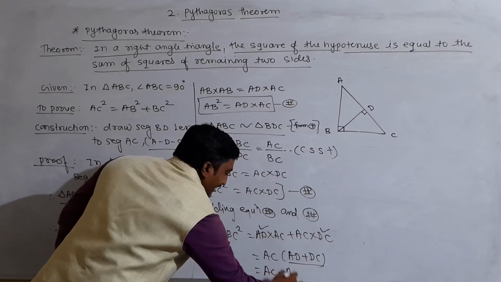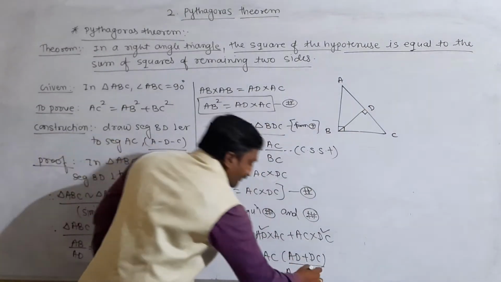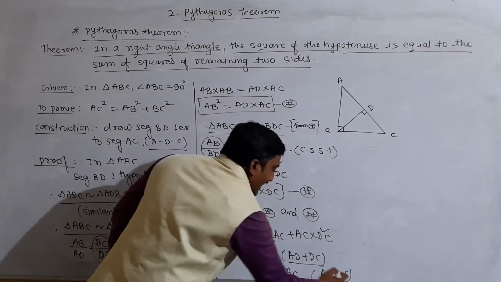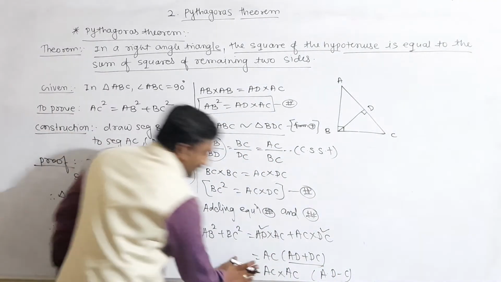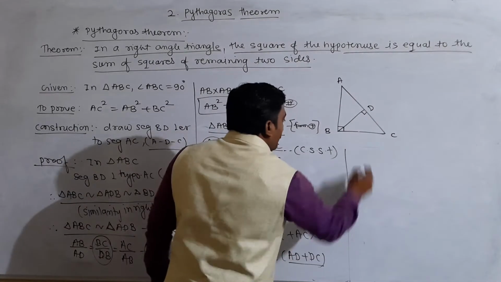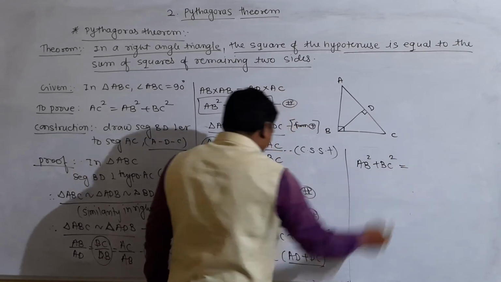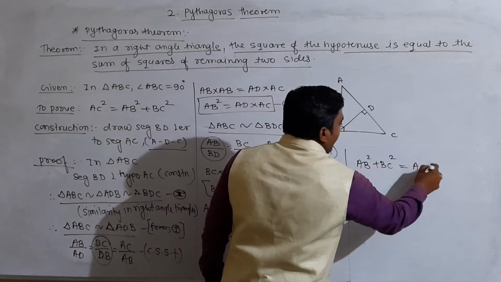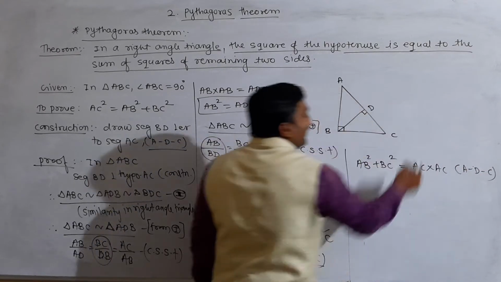AD plus DC, remember, means AC because A, D, C are collinear. So here we can write AB square plus BC square is equal to AC into AC, because ADC are collinear.